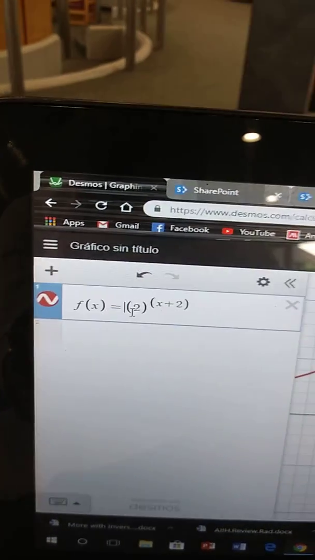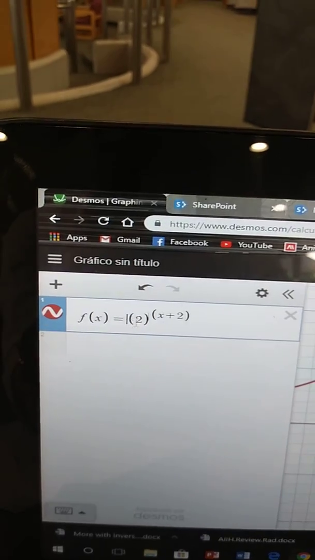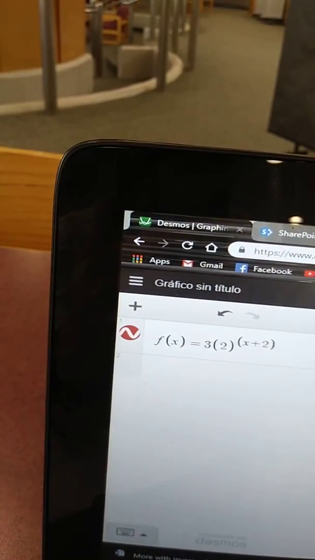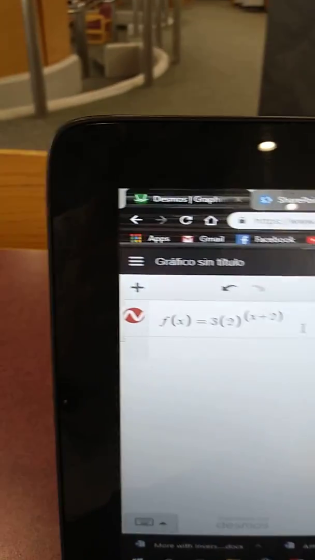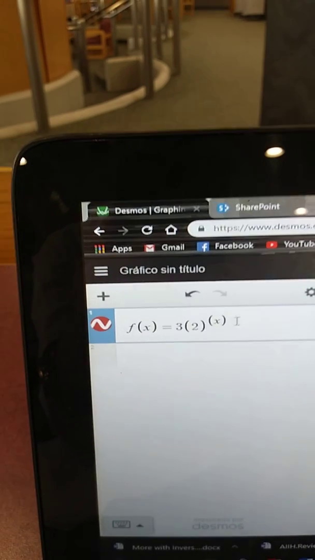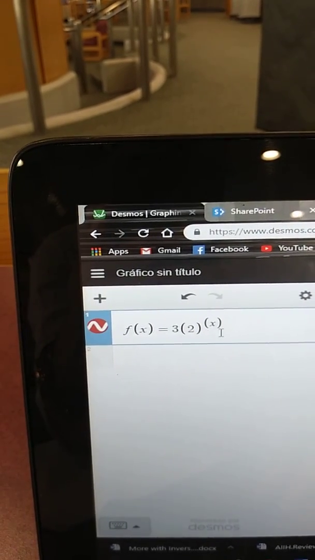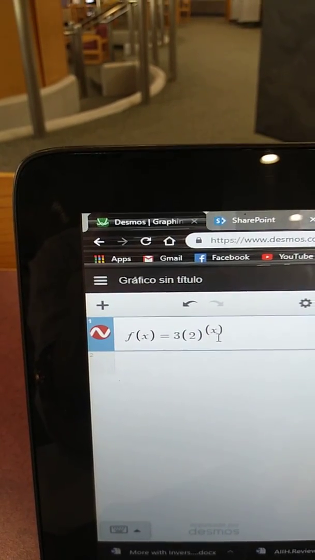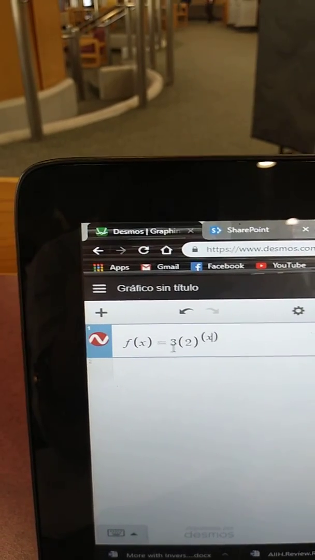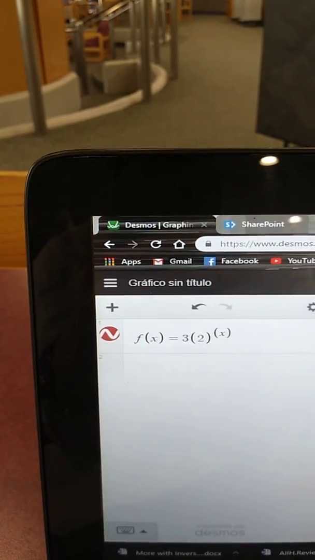So times 3. Oh, and let me change that to the original. So we're talking about the original. We have nothing here, so there's no vertical or horizontal shift. But just this by itself, the 3 makes that y-intercept be 3.